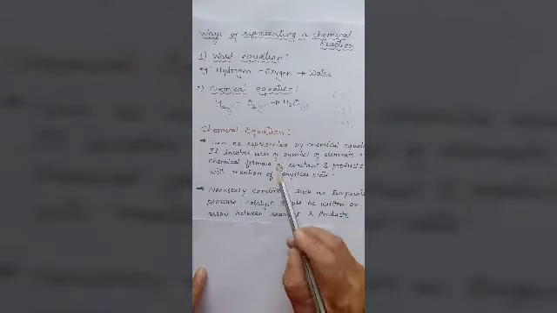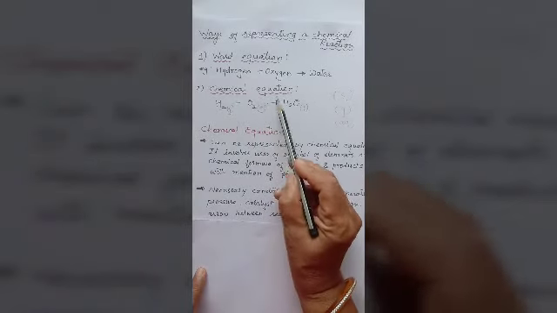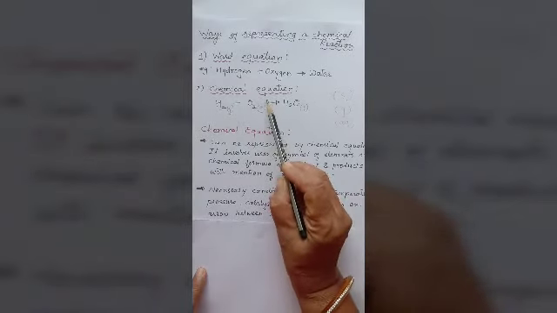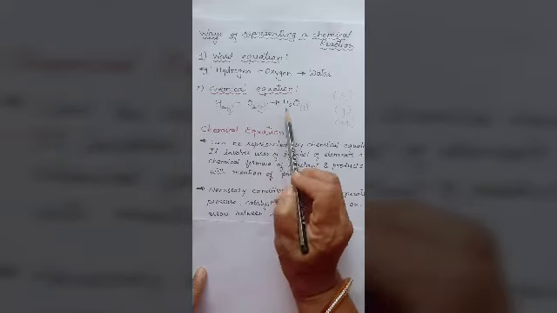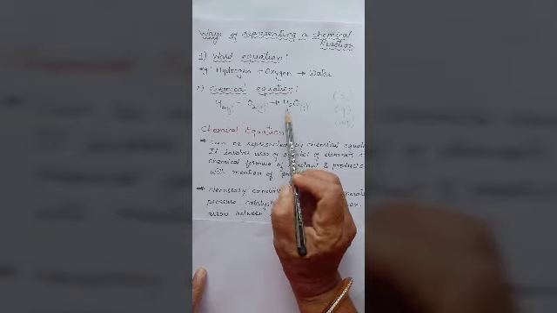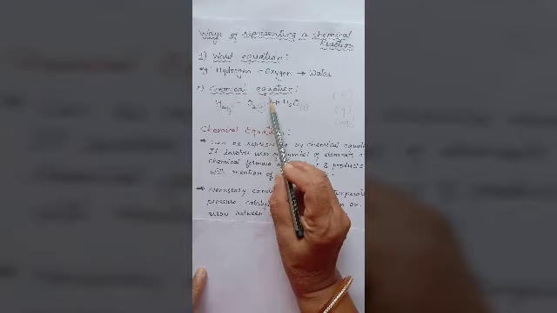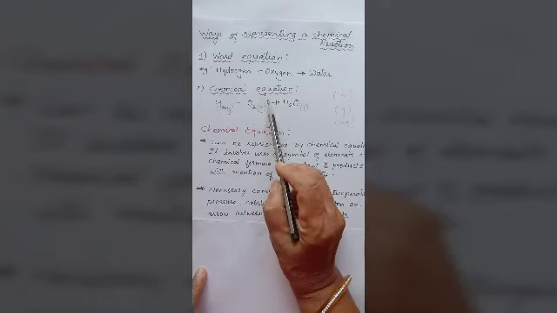Clear? And if there are any conditions which are necessary, then that has to be written over here on the arrow. If we see the reverse one, the electrolysis of water, then I need to supply electric current. So I'll write electricity over here. Correct? If any temperature is required or any heating, we always show a triangle for that.